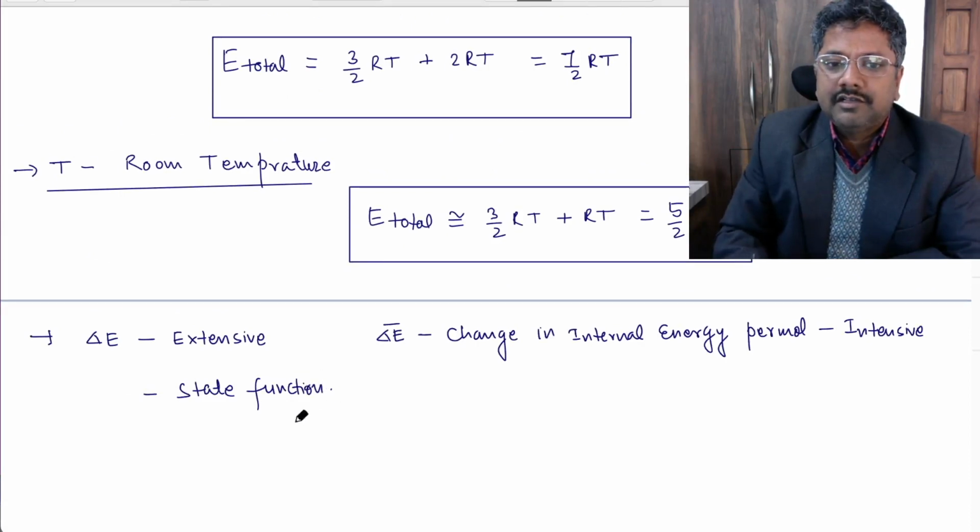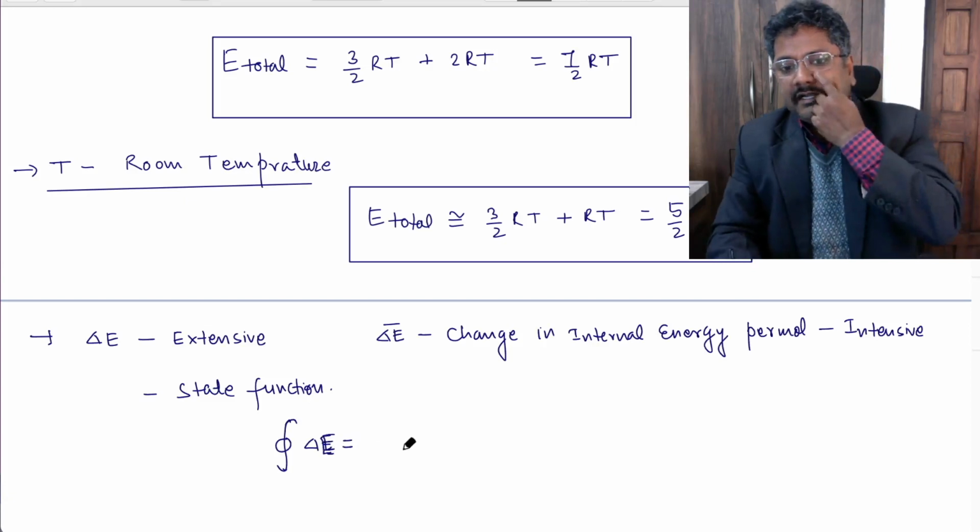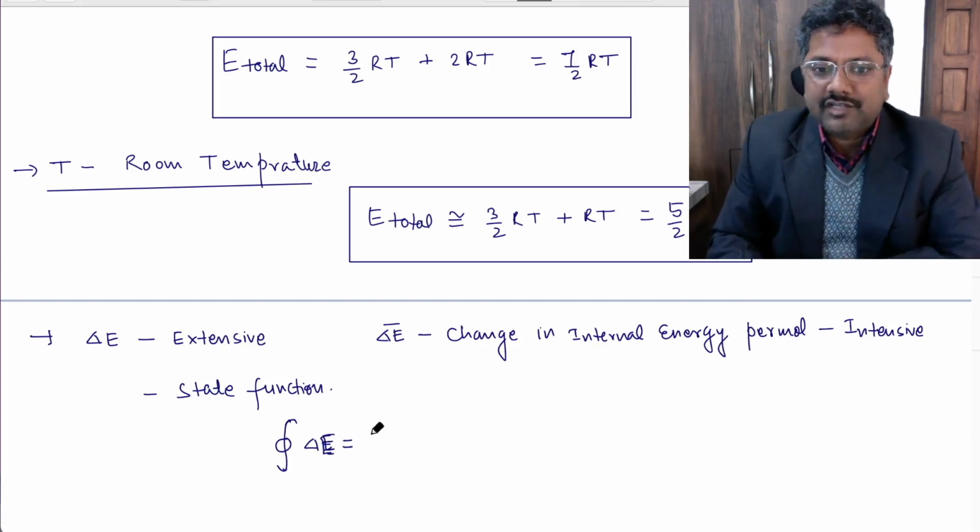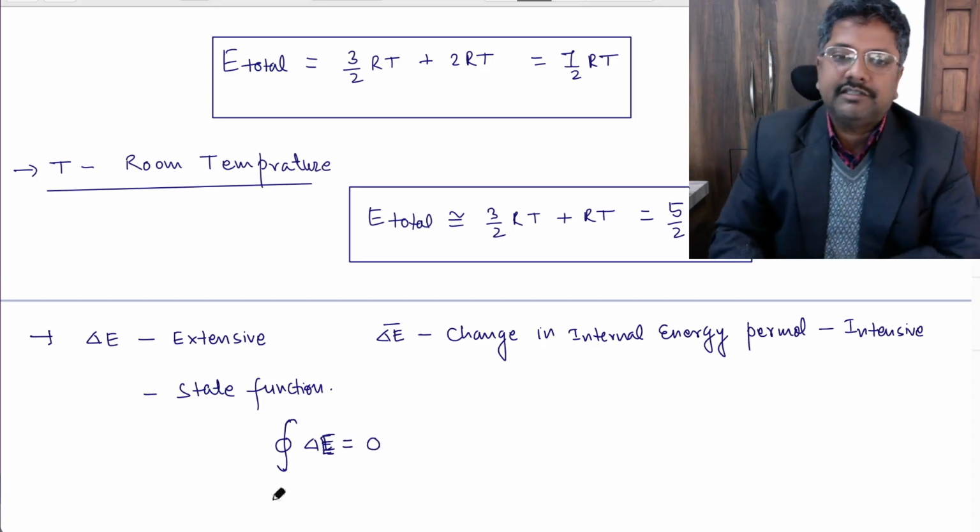State function means, if you take this in a cyclic process, that is, you start from some initial state and return back to that state, the total change is 0.